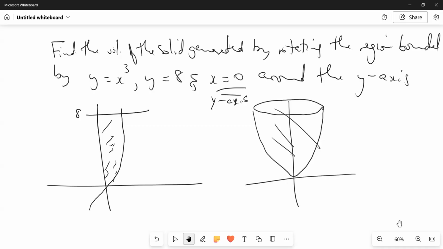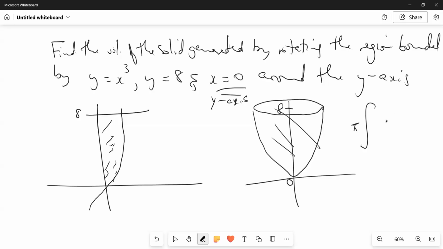So we're going to integrate from 0 to 8. We're going to take the integral of pi x squared, right?